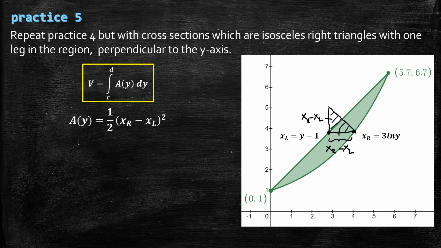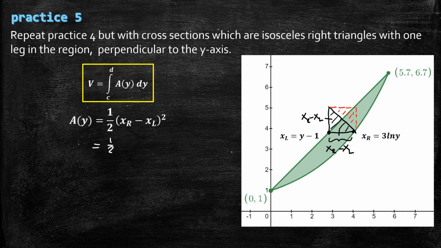And here is the formula for the area of that cross-section. It's half base times height. So in fact, it's actually just half of the formula for what the square is. So if we flip that over, the area of the square we know from before is xr minus xl squared, and we want half of that.